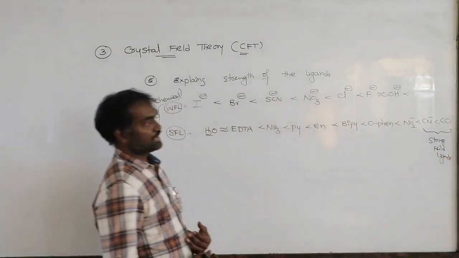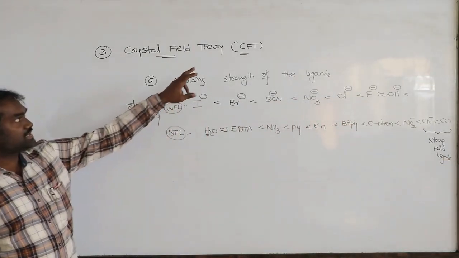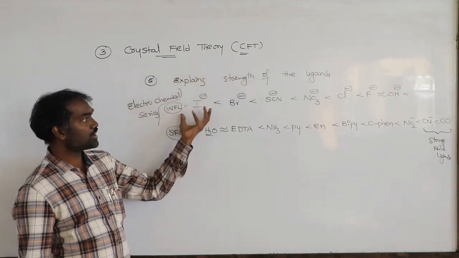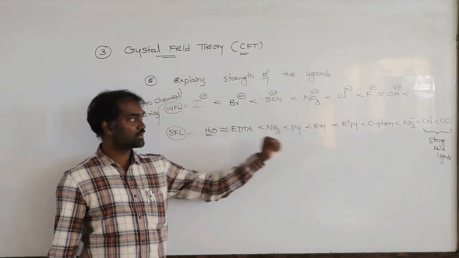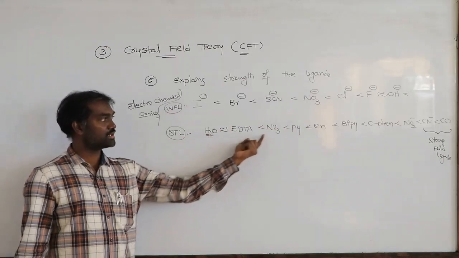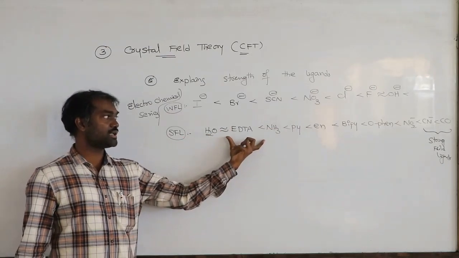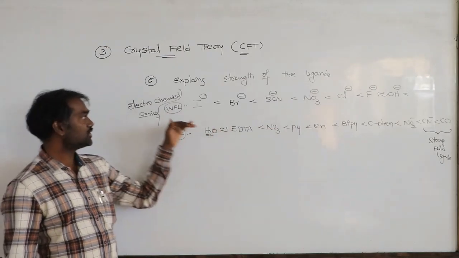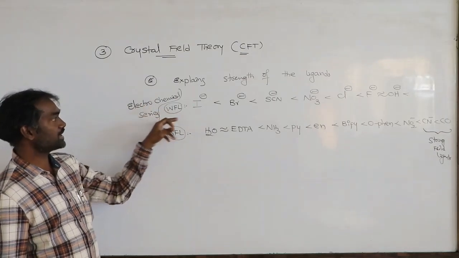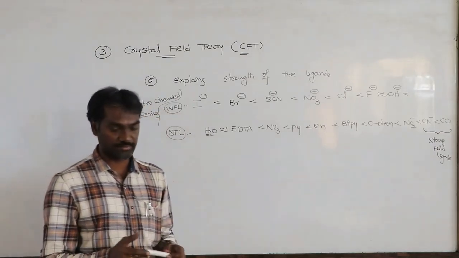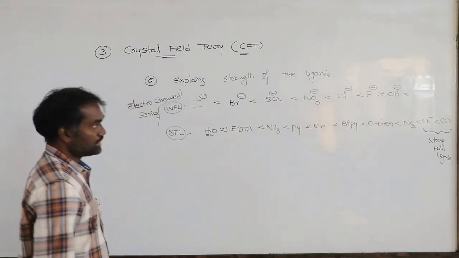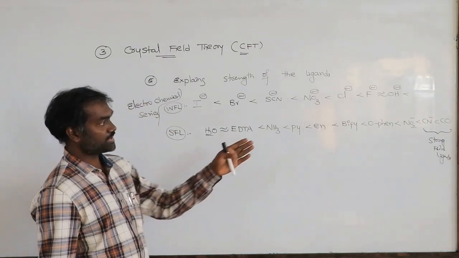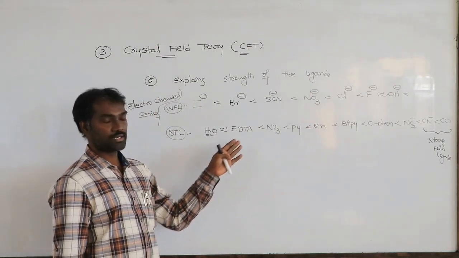So this theory, CFT, perfectly explains who are the weak field ligands, who are the strong field ligands, and who are the moderate. Suppose ammonia, water and EDTA you take in the middle. That is how he explained it through the electrochemical series. Next, another point: in the presence of strong field ligand, electrons are paired.